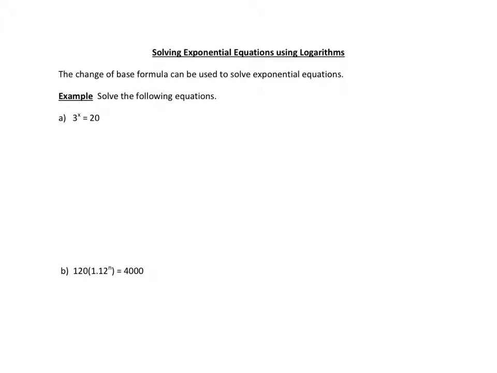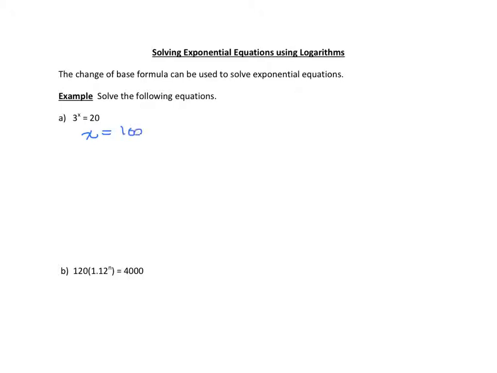So if you have an equation such as 3 to the exponent x equals 20, we can't solve this by getting a common base because there is no common base for the numbers 3 and 20. So what we do instead is write this in logarithmic form. This is equivalent to saying that x is the exponent we put on 3 to get 20.